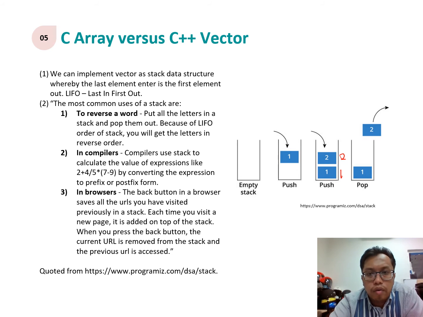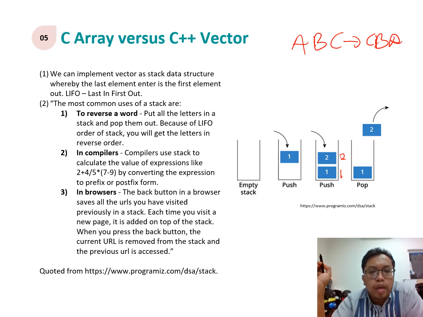You want to reverse A B C to get C B A. Also the compiler uses this LIFO stack to convert an expression into prefix or postfix form. And also in the browser, you can see when you use the forward and backward buttons, it goes to the previous site that you visited.